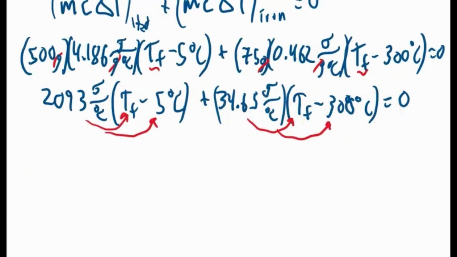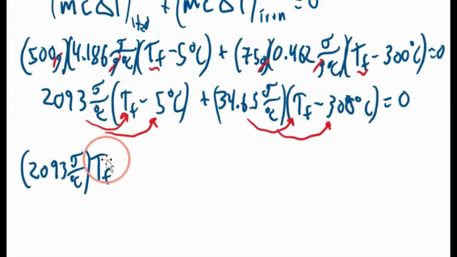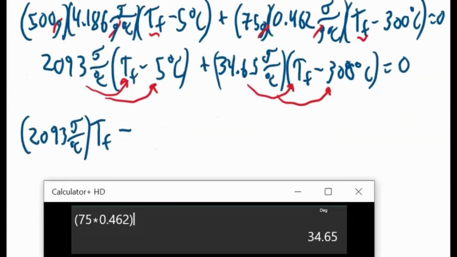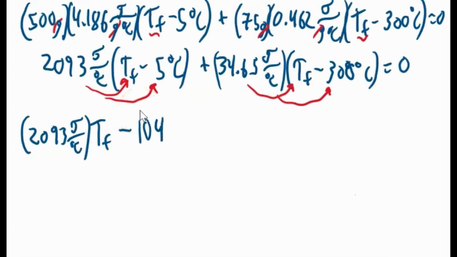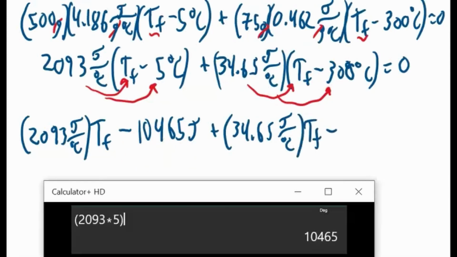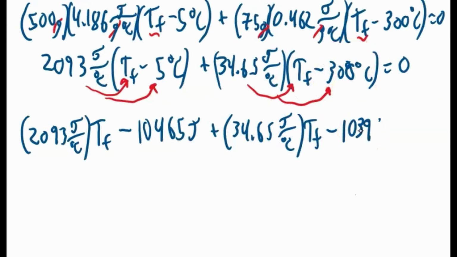So this gives us 2093 joules per degree Celsius times the final temperature, minus 2093 times 5, which is 10,465 joules, plus 34.65 joules per degree Celsius times T final, minus 34.65 times 300, which is 10,395 joules, because our degree Celsius cancels out.